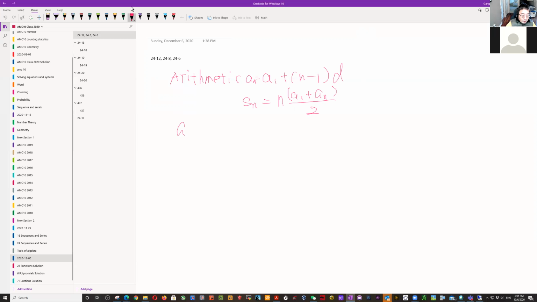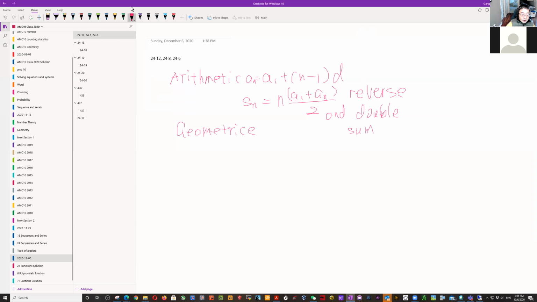Then we have geometric sequences. For this we actually get the sum by reversing it and doubling the sum. So in case you forget what's going on, you can actually get it back.